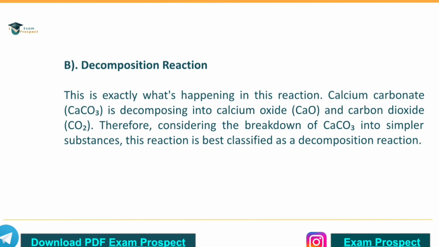This is exactly what is happening in this reaction. Calcium carbonate is decomposing into calcium oxide and carbon dioxide. Therefore, considering the breakdown of calcium carbonate into simpler substances, this reaction is best classified as a decomposition reaction.